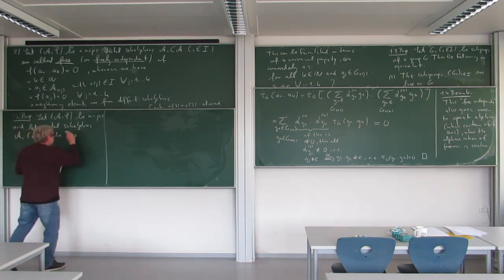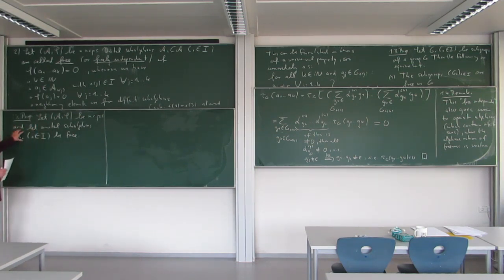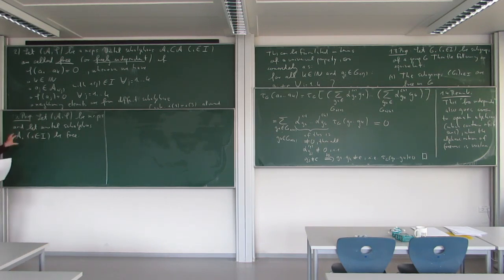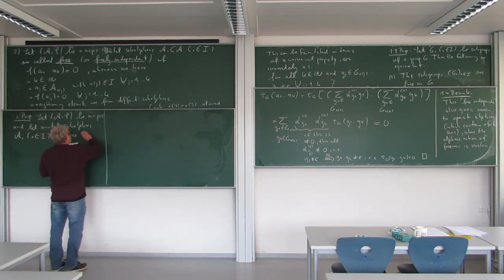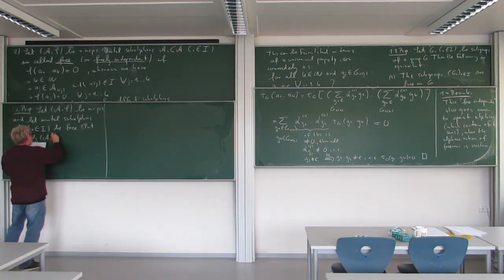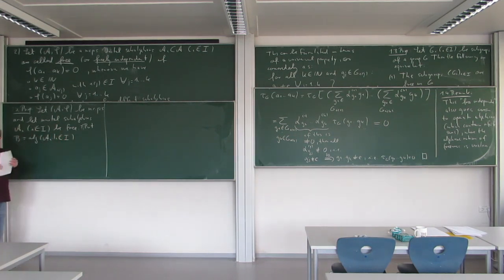Okay, and then I'm saying that if I know phi on the A_i's, then it is determined, okay, maybe not on the A, because A might be much bigger than the A_i's. But it is determined on the algebra which is generated by the A_i's. A might be a very big thing, where much of it has not much to do with the A_i's. So where I get something is on the algebra B, which is generated by the A_i's. So B is anything which I can get by multiplying and adding things from the A_i's.